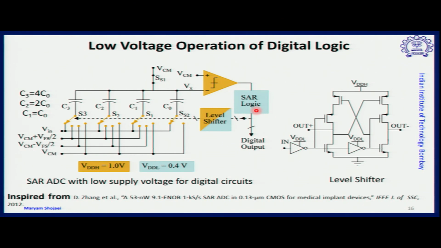Also, one of the common techniques for level shifting in digital modules is shown in this figure. Eventually you have a cross-coupled circuit, and then you have a low voltage part, shown by VDDL, inverters with VDDL, and the high voltage part, shown by VDDH on the upper side.